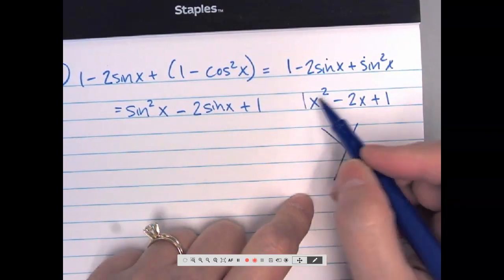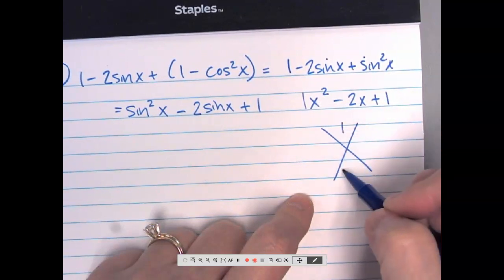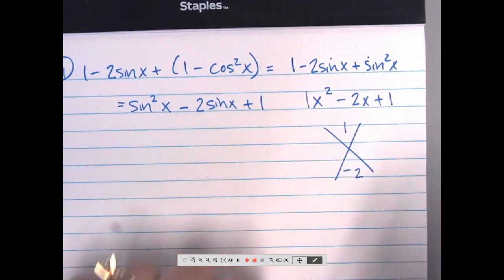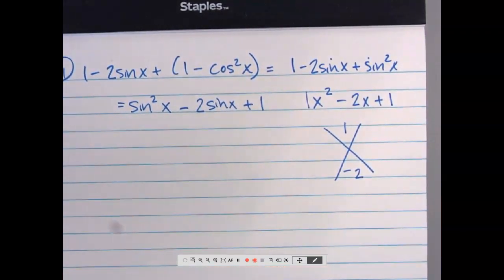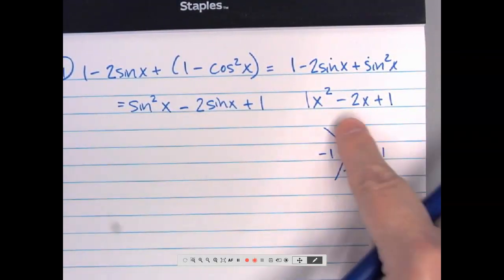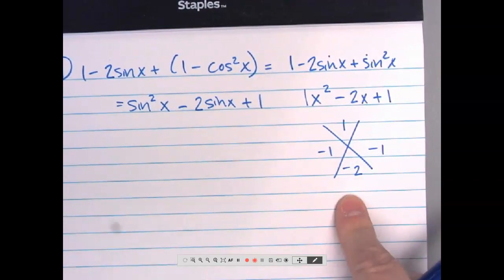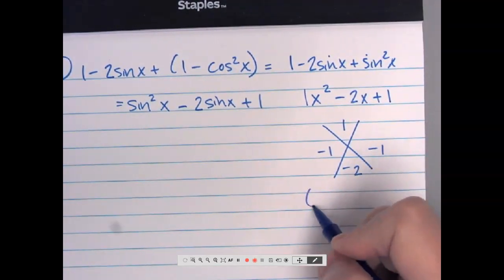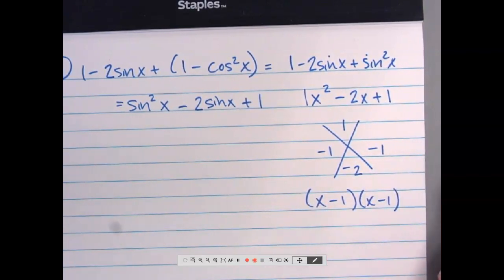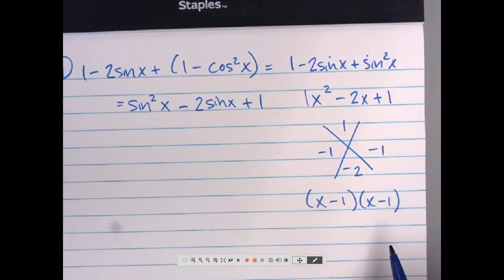And then 1 times 1 would be 1, and a negative 2 on the bottom. And what two magical numbers do I need over here? Negative 1 on both of them, right? Because negative 1 times negative 1 is 1. Add them up and we get negative 2. So that tells me that my factors would be x minus 1, x minus 1, or x minus 1 squared.